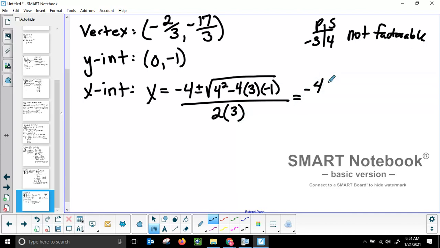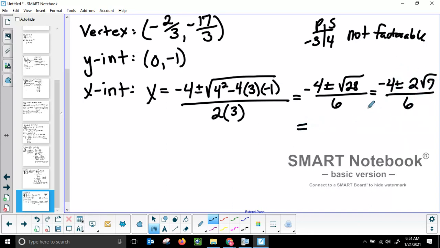All right, so negative 4 plus or minus, this is 16 plus 12 is 28 over 6, all right, which is negative 4 plus or minus, this is divisible by 4, so that's 2 square roots of 7 all over 6, all right, and since all of these are divisible by 2, we can reduce this to negative 2 plus or minus the square root of 7 all over 3. Right? And that's sufficient for your x-intercepts.